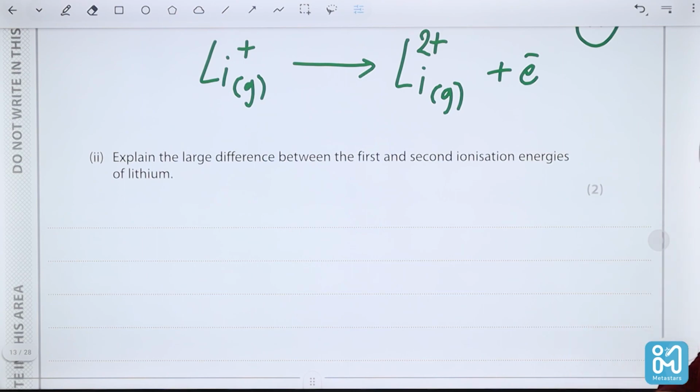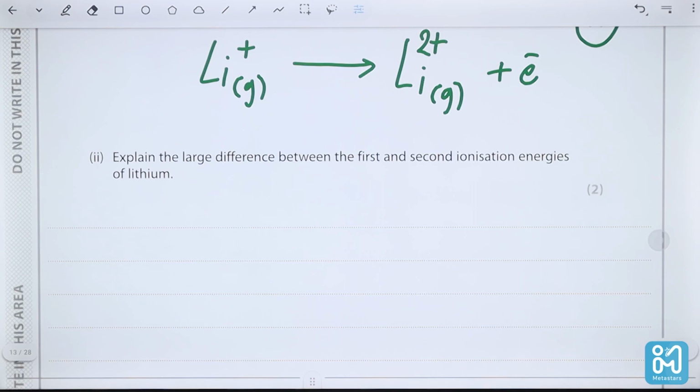If one electron is lost, the electrons are in a new shell.